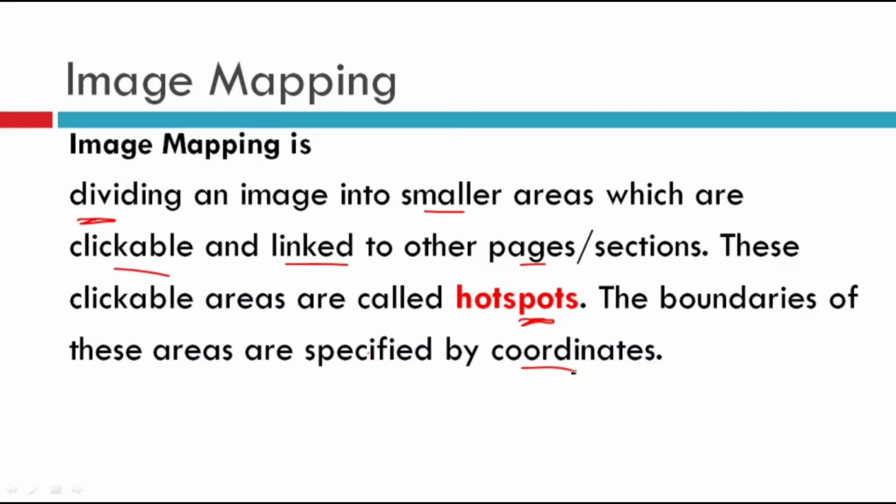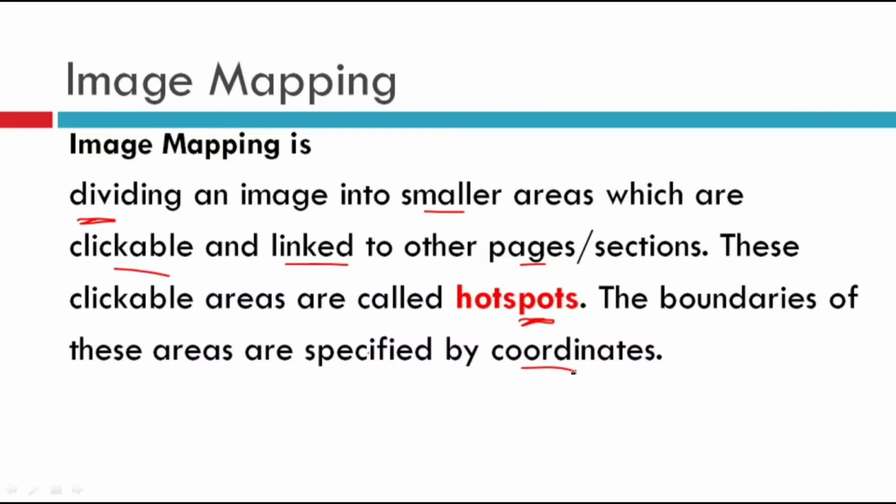Consider the image of a digestive system where every part is shown in the diagram, and when you click on a part, it will take you to the description of that digestive part.